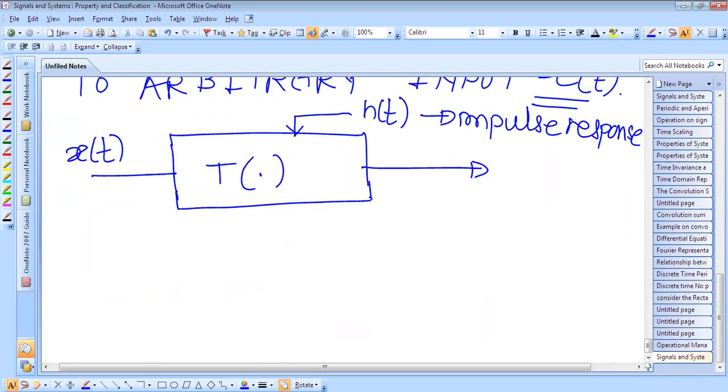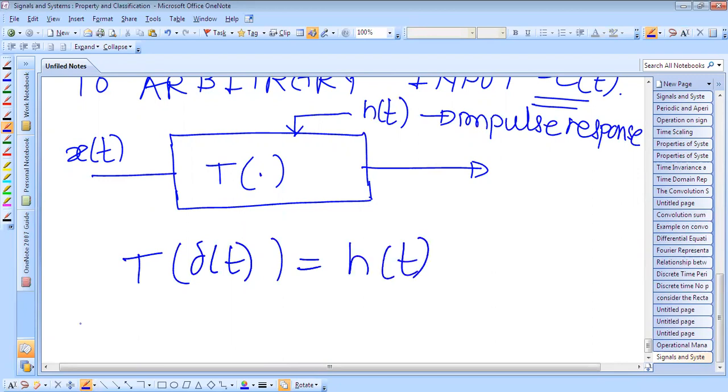Now we can write here T of delta of t is equal to the impulse response h of t.